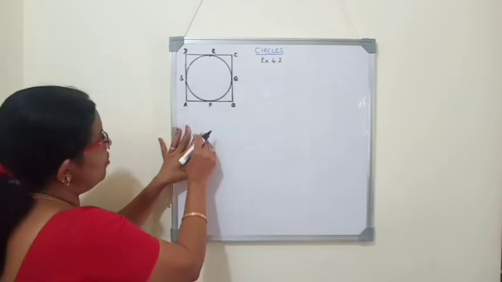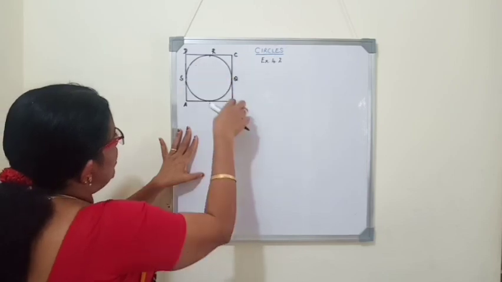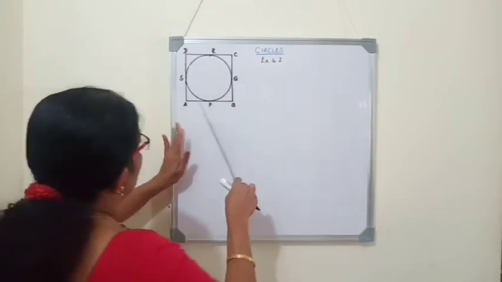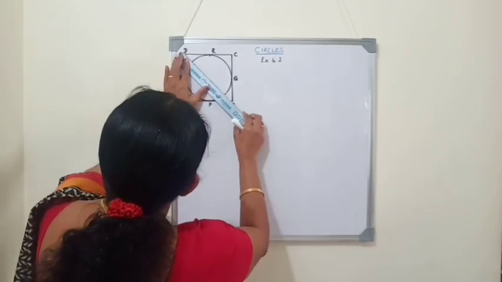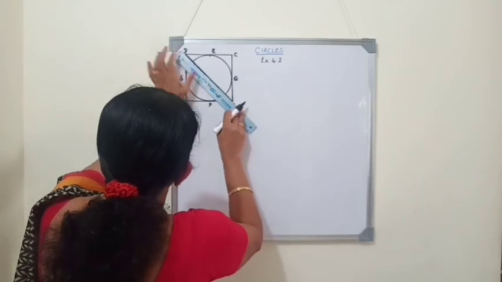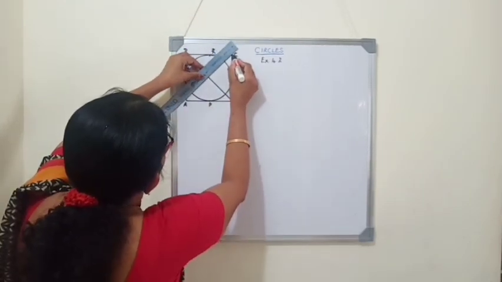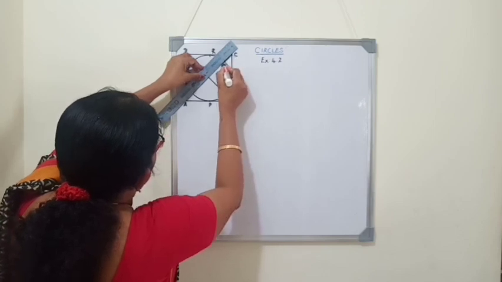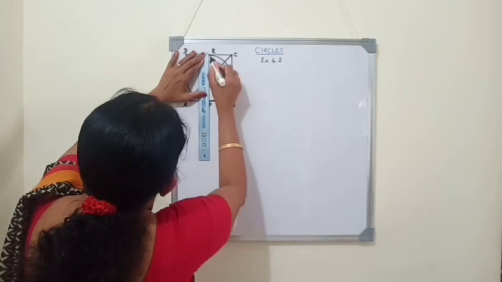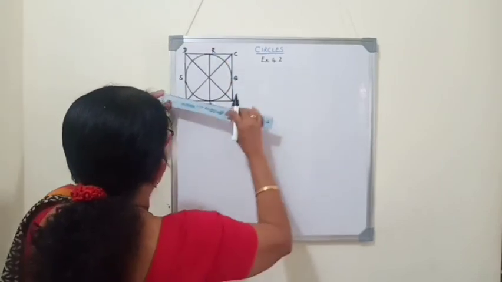So now what we have to do is construction: join AC, DB, RP and SQ. So we have to join the diagonal DB. This is construction. Join DB, AC, then RP and SQ.